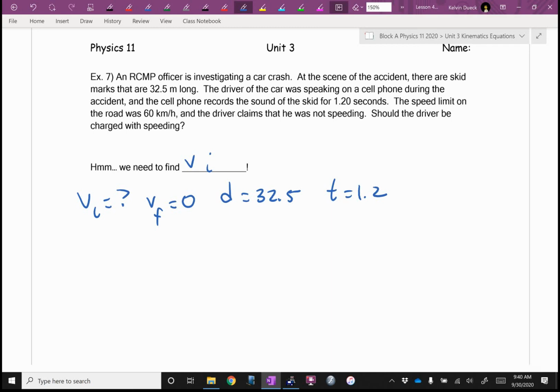If it's smaller than 60, which equation? I like that. Could you get the VI by itself for me, please?